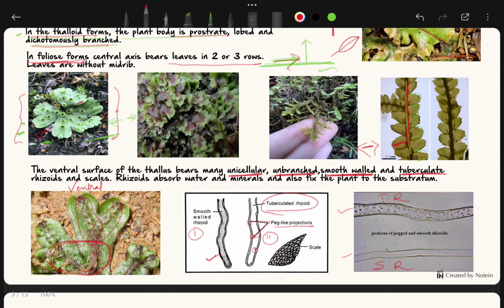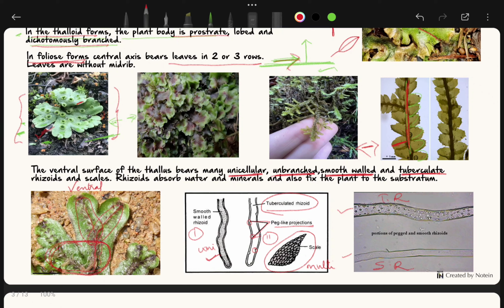And along with rhizoids you will also find the presence of scales. These scales are multicellular. Rhizoids are unicellular and these are multicellular. They will be present along the rows of the rhizoids, and they have the same function as the rhizoids.